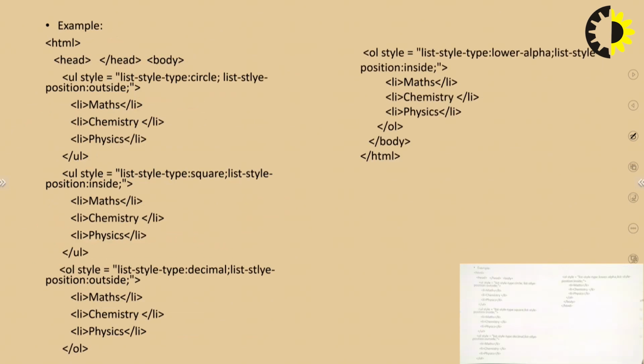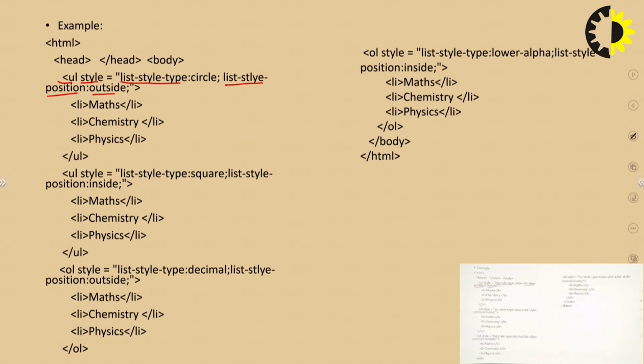Now here is an example of list-style-position. Here you can see we have a UL style, and we are going to write the CSS. The list-style-type, which I discussed recently, is circle, and the name of the new attribute is list-style-position, and it is outside.